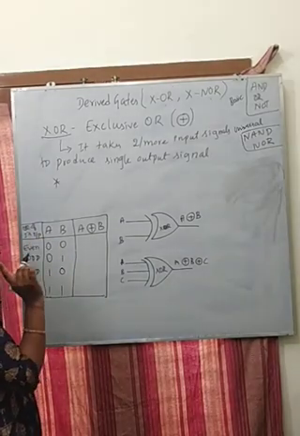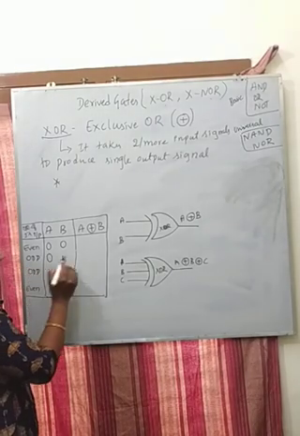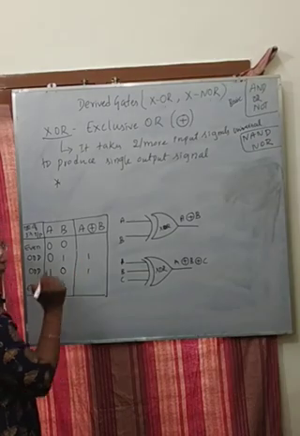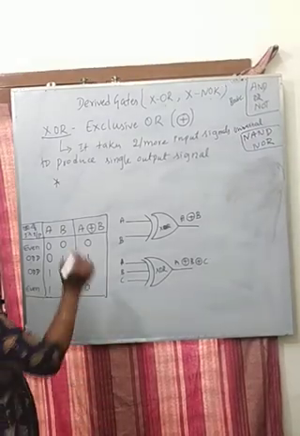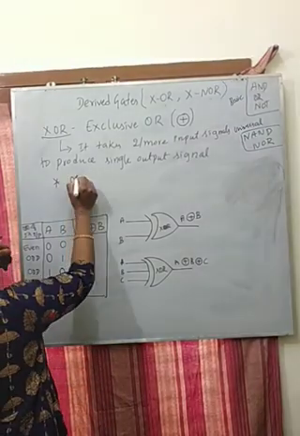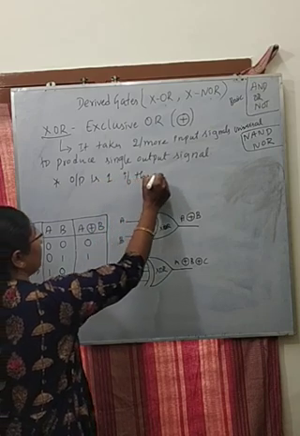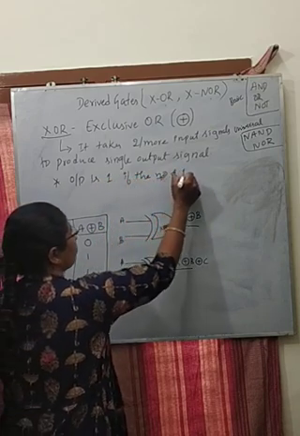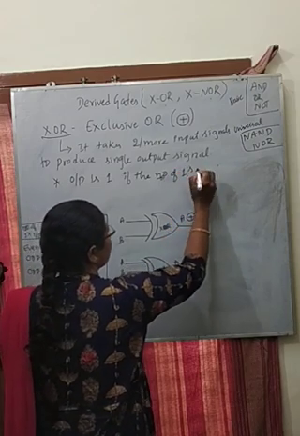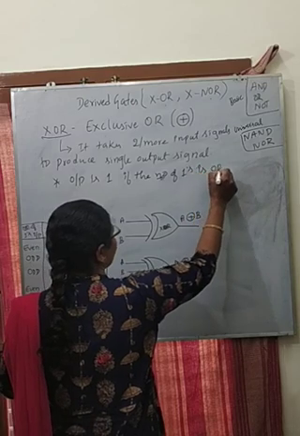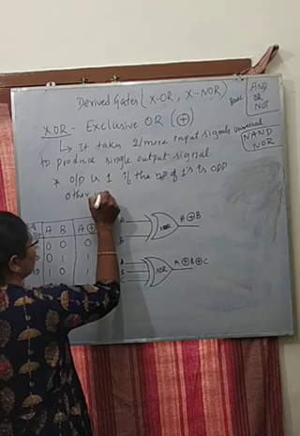If the number of ones is odd, then the output is true, otherwise the output is 0.